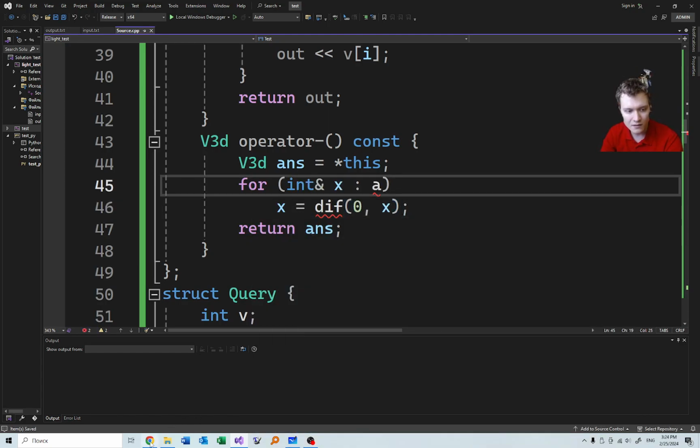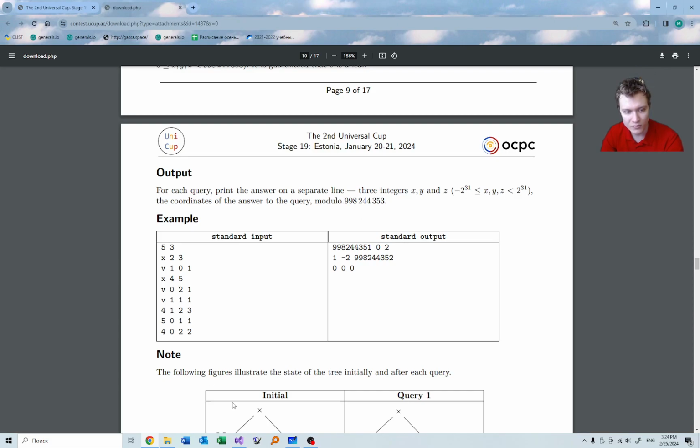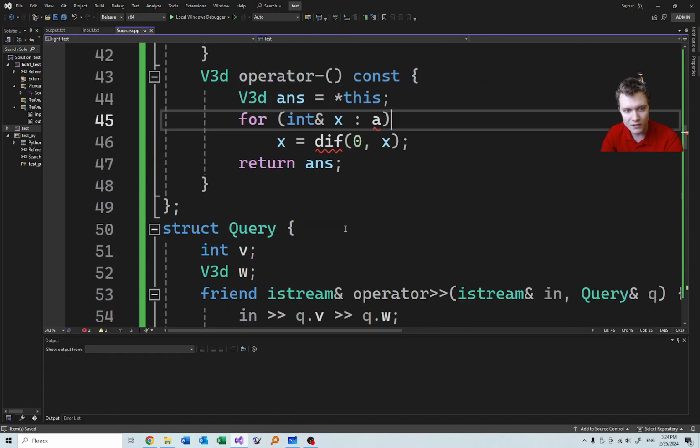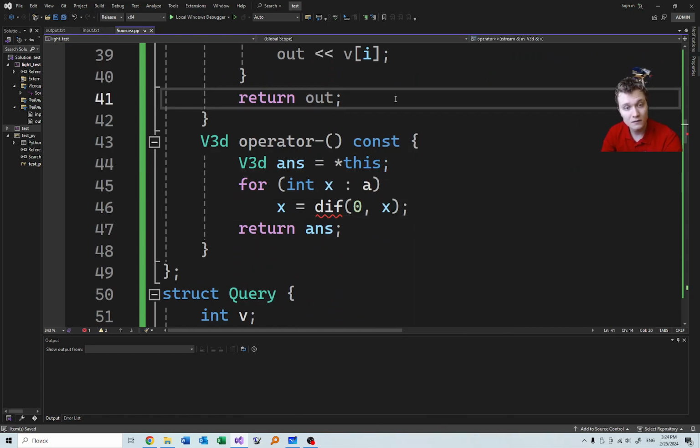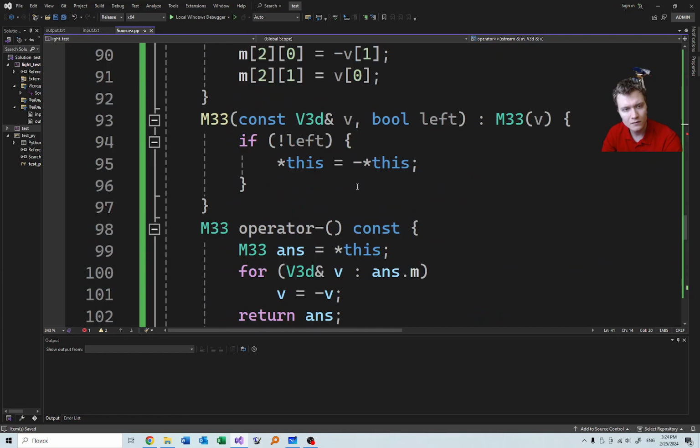What is difference? Actually we work modulo this modulus, so we need to write it like this.